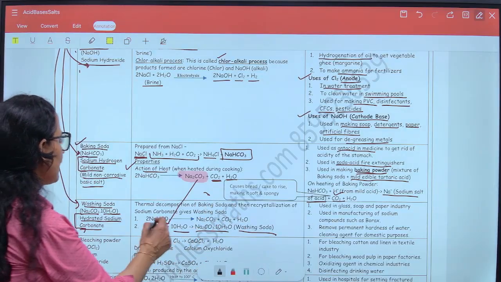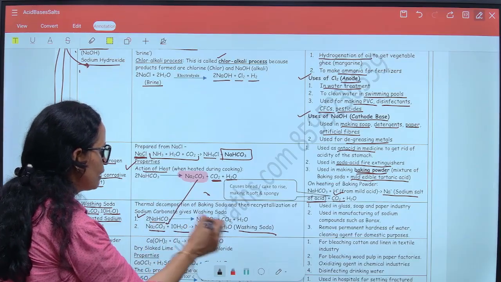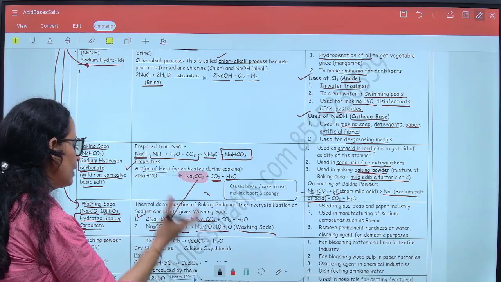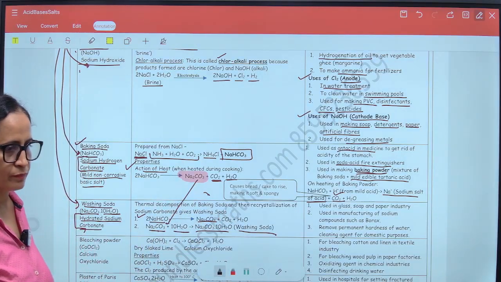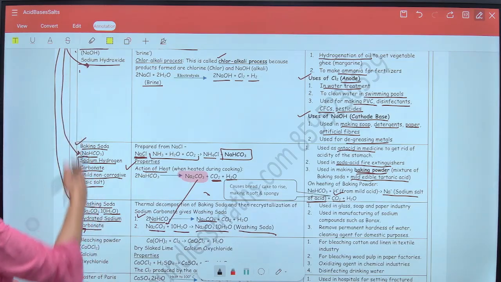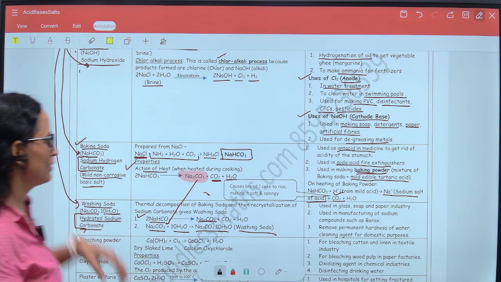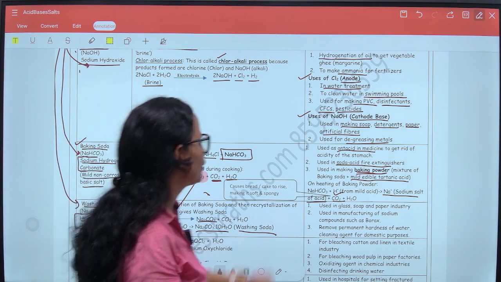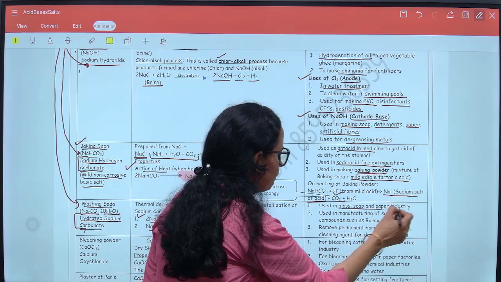So the first step is heating of baking soda to give Na2CO3, and when Na2CO3 is hydrated using water, it gives you washing soda. So basically all these are formed using common salt. Don't underestimate common salt again. So the uses of washing soda. What are the uses? It is used in the glass, soap and paper industry.